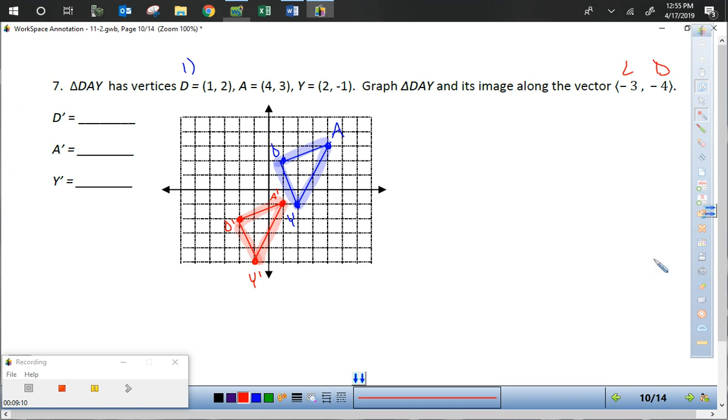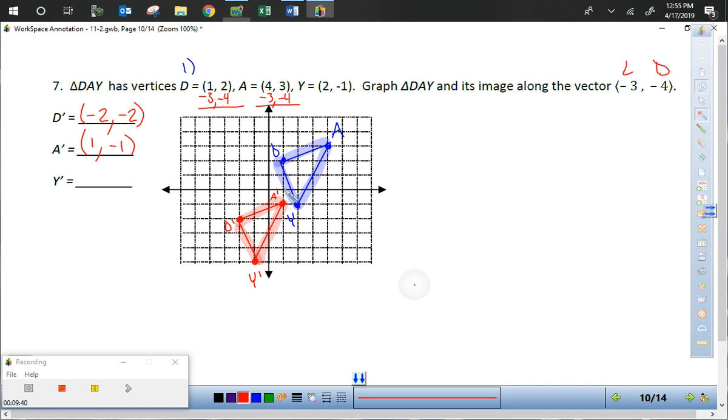If it says -3, we want to subtract 3. It says -4 next to that, and that's straight down. So 1 minus 3 is -2. Then 2 minus 4 is -2. Checking that on the graph, left 2, down 2, looks good. The next one, -3 minus 4. 4 minus 3 is 1. 3 minus 4 is -1.